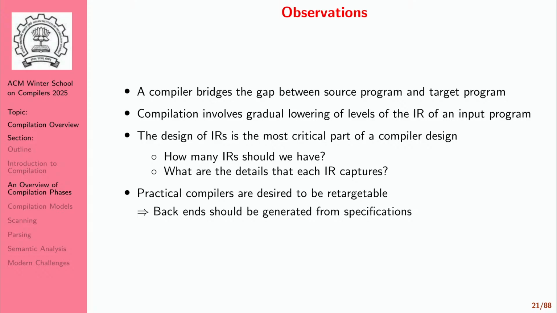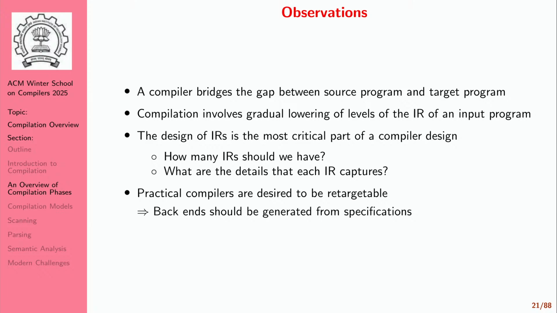Okay. So the idea here is that we talked about front end, we talked about back end. Front end is something that's dependent on the language. Back end is something that's dependent on the machine. So if you want to change the machine, you should be able to generate a new backend, ideally from a specification, instead of writing C or C++ code to generate code for that particular target.